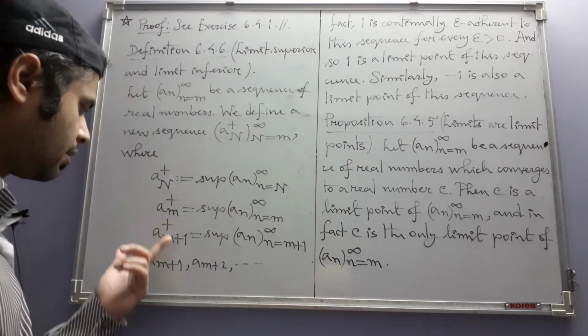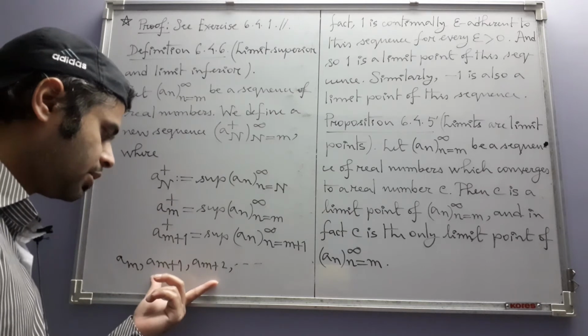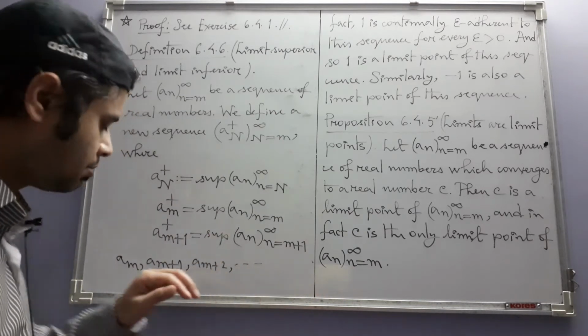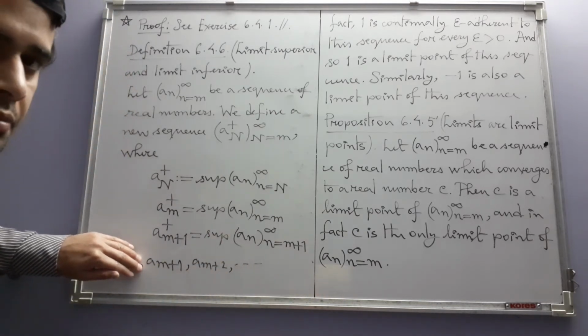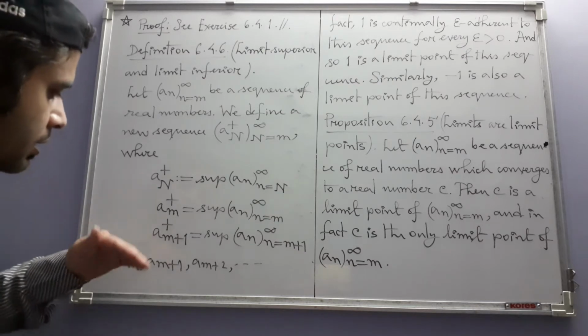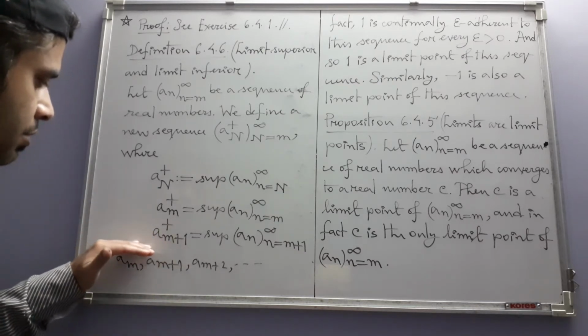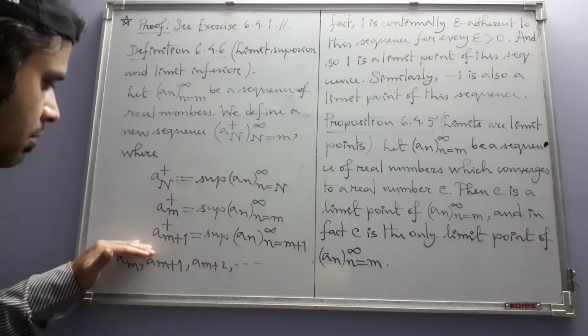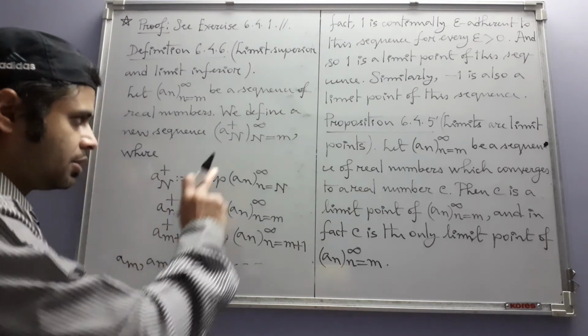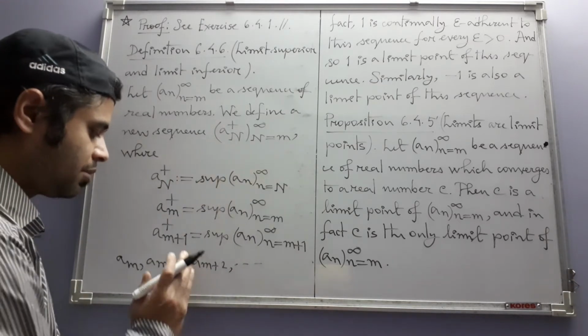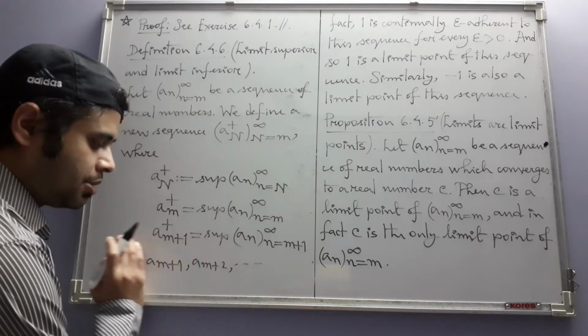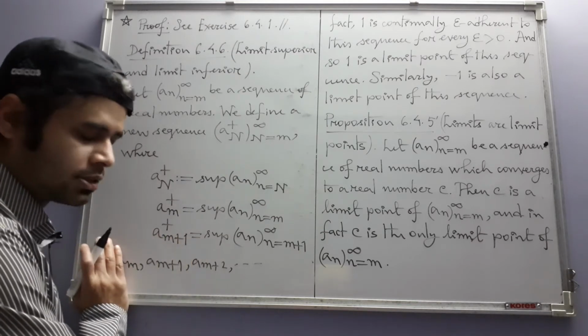The second term is the supremum of the sequence obtained by removing the first term. The third term of this new sequence is the supremum of the sequence obtained by removing the first two terms.